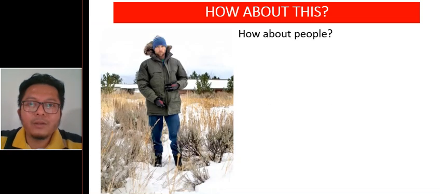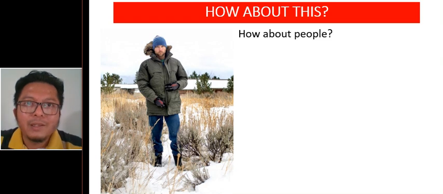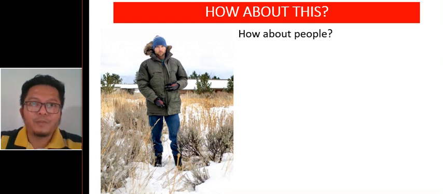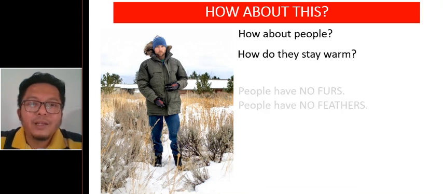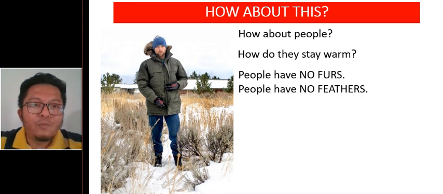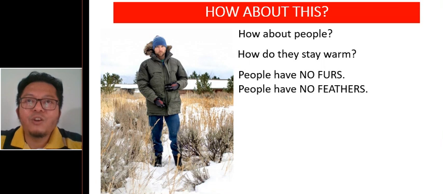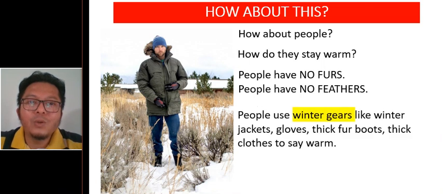How about people? How does this man stay warm? Now this is very easy. People have no fur. People have no feathers. So how do they stay warm? They use winter gear. The cap, the jacket, the gloves, the boots are called winter gear.